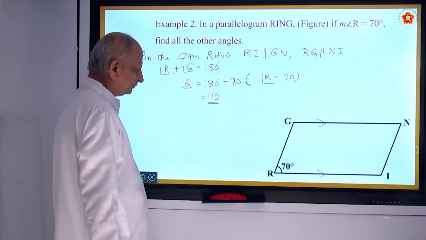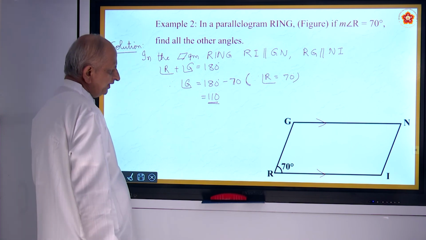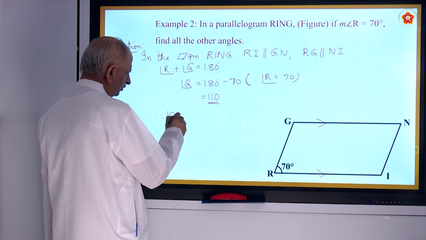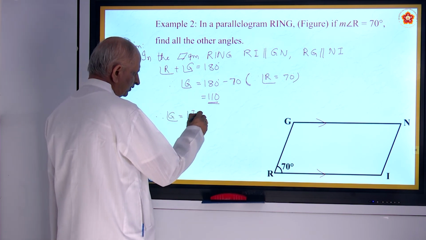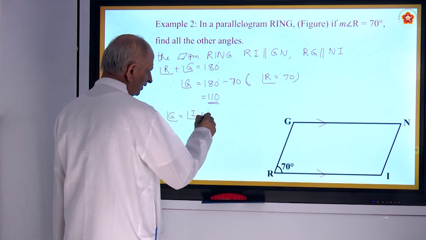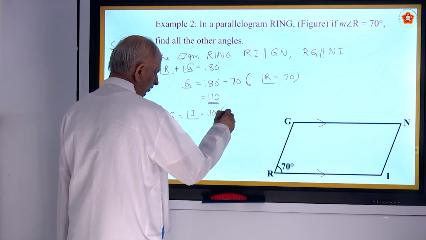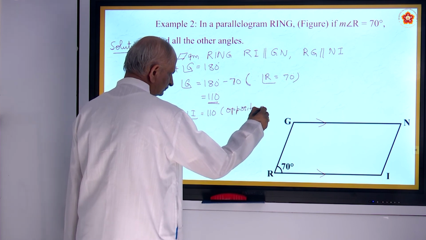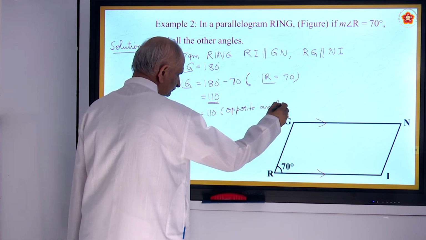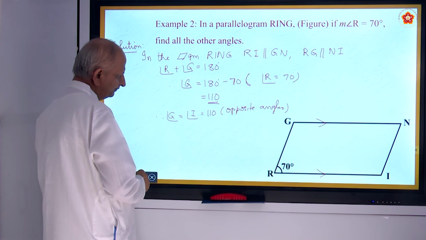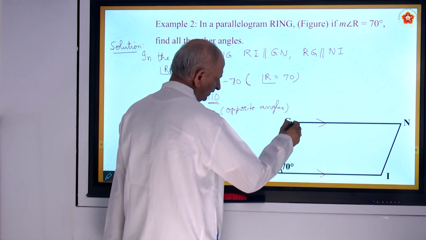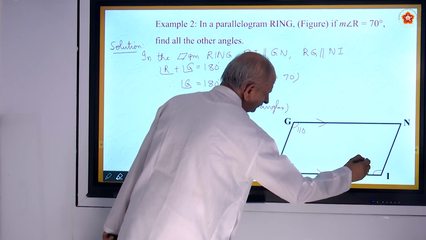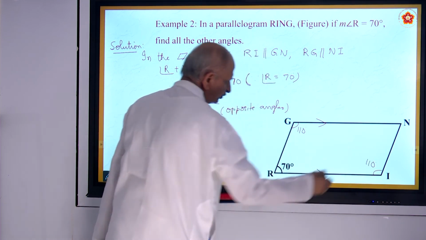So, G is got, and if G is got, what about I? Angle G is equal to angle I is equal to 110 degrees. They are opposite angles of a parallelogram. And then, so this becomes 110 and this becomes 110. What is the sum of these two, I and N?